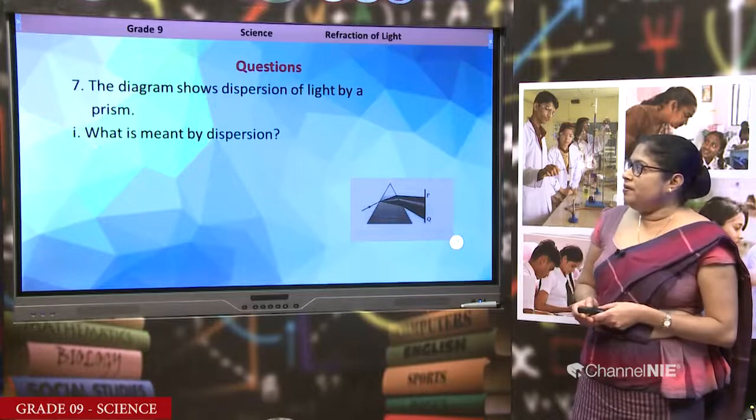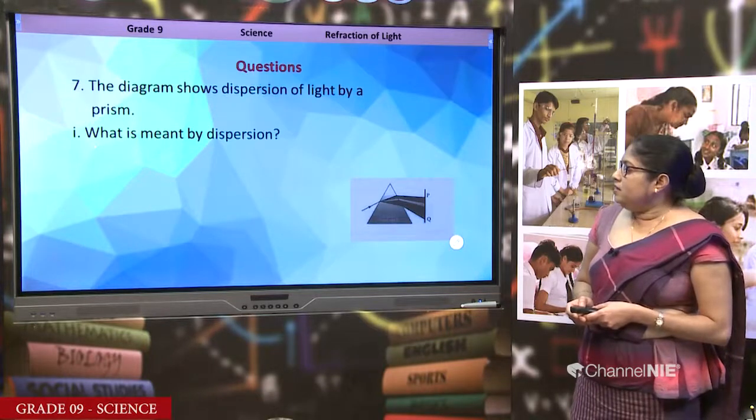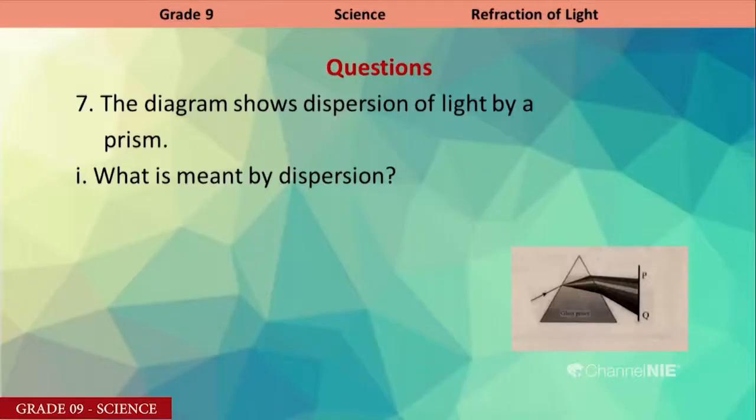Question number 7, diagram of dispersion of light by a prism is given and you are asked to define what dispersion is.